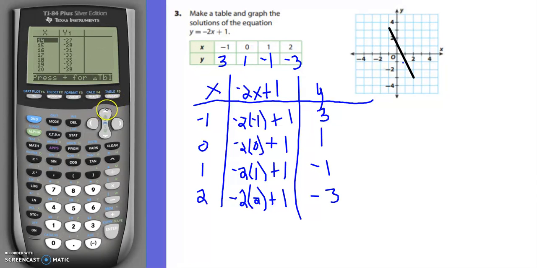So we have 0, 1, 1, negative 1, 2, negative 3. If you want to look at the graph, it looks like this with a negative slope. All right.